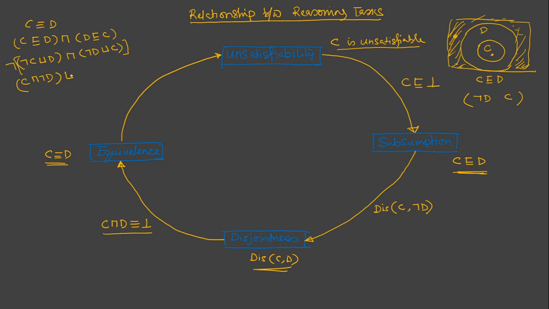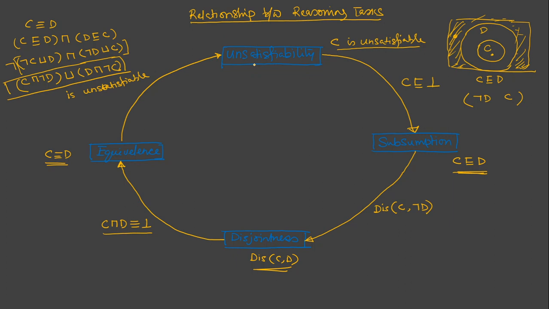And this intersection will become union, and not D will become D, and this will be intersection and not C. So we say that this concept expression is unsatisfiable. That's how we are transforming one equivalence reasoning task into an unsatisfiability reasoning task.